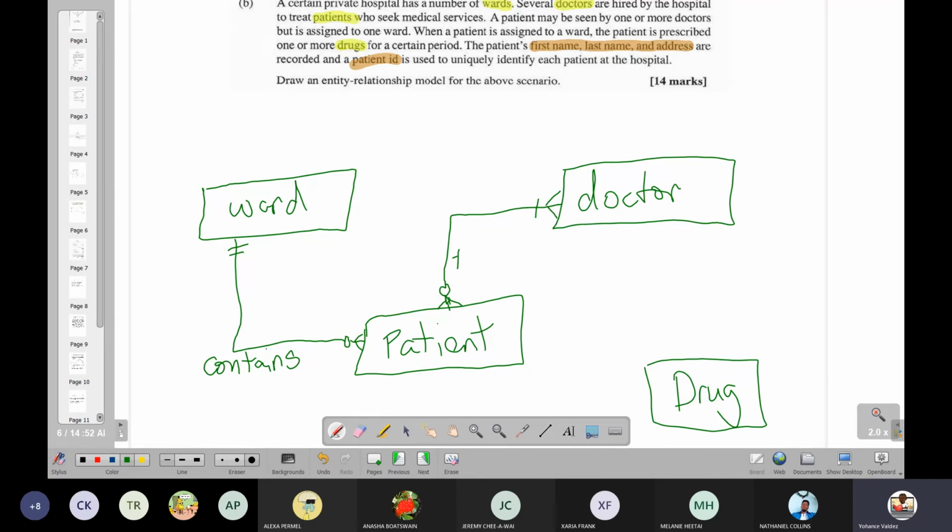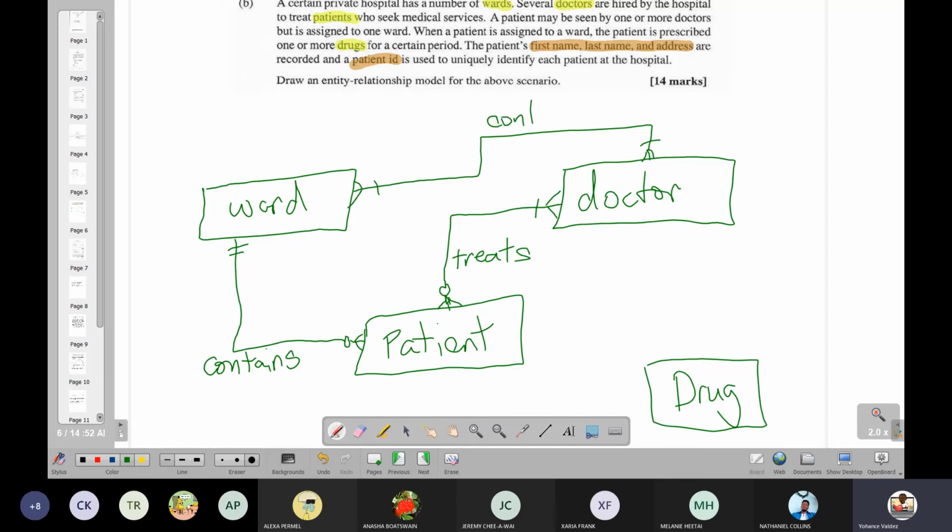So a doctor treats the patient, okay? A ward can contain one or more doctors, and a doctor can work on one or more wards, right?